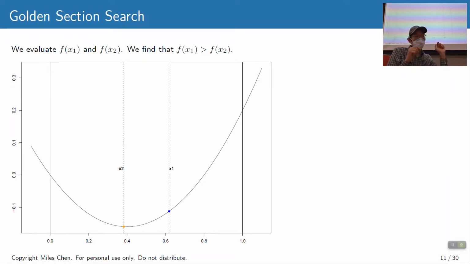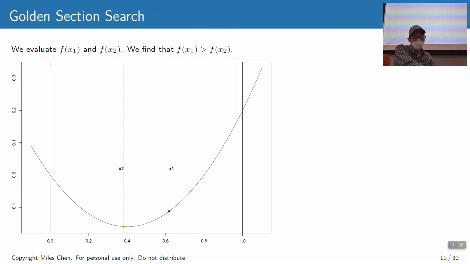We're just under the assumption that a local minimum does exist between the lower and the upper bounds, and we've just evaluated the function at two inner points, x1 and x2. And what we find is that x2 is less than x1.